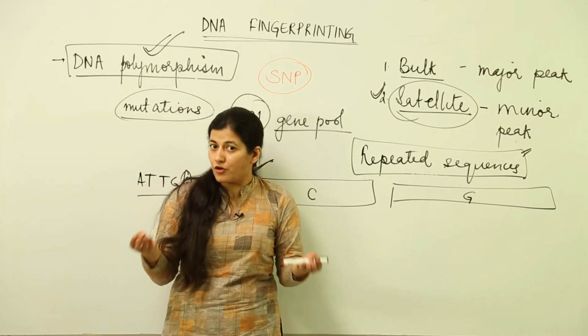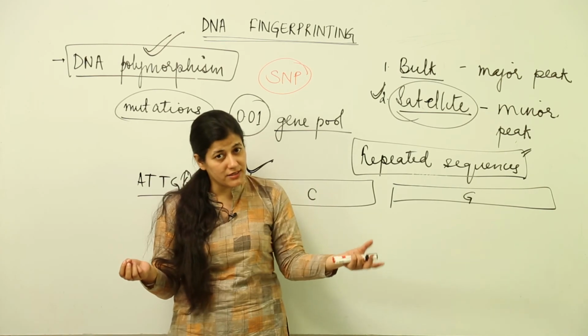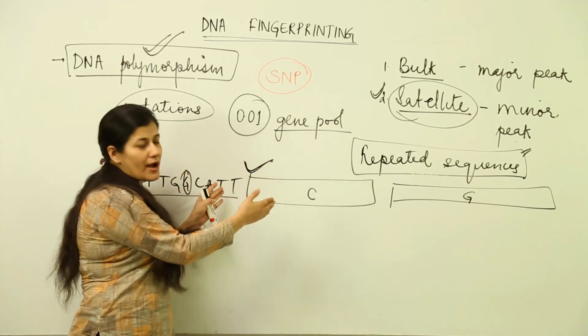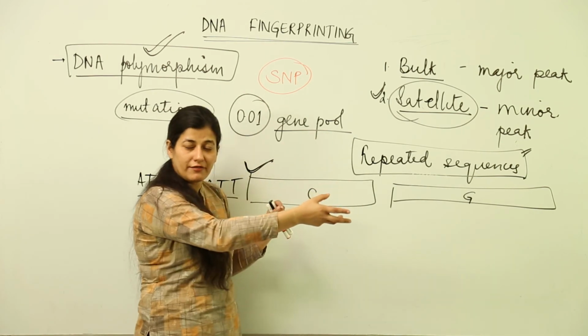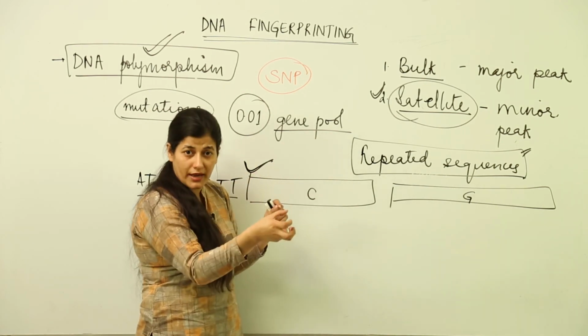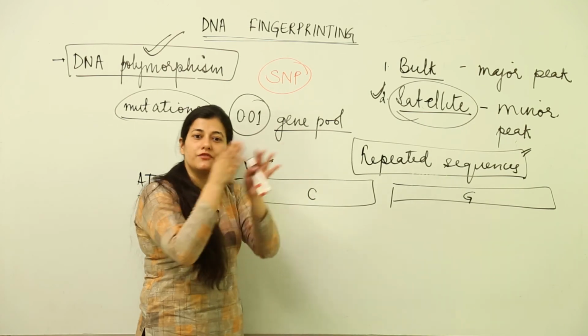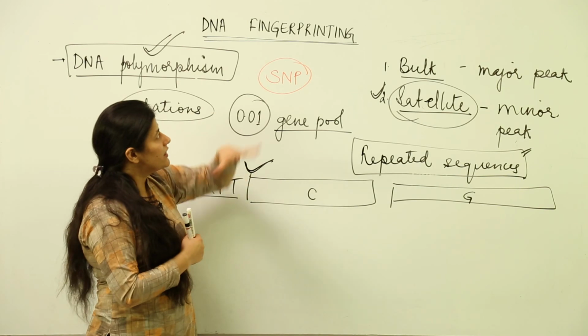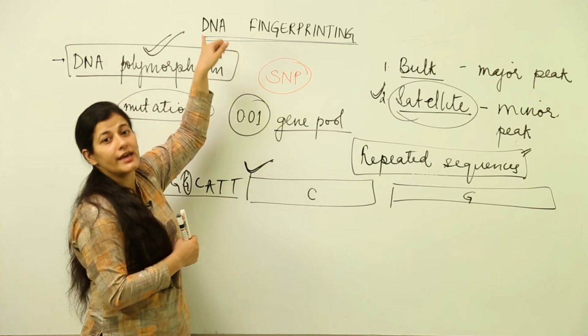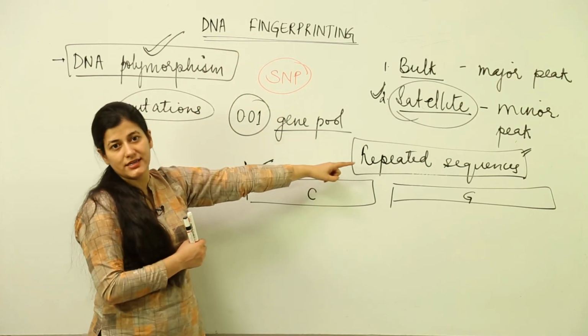So, like your fingerprints are different from the other person, in the same way some part of your DNA is different from the other person. He or she would have inherited it from his or her parents, and that would be totally different from what your parents gave you.